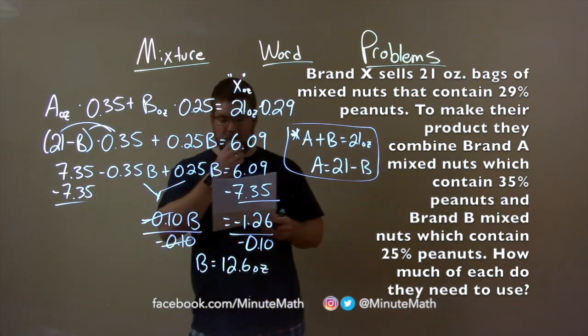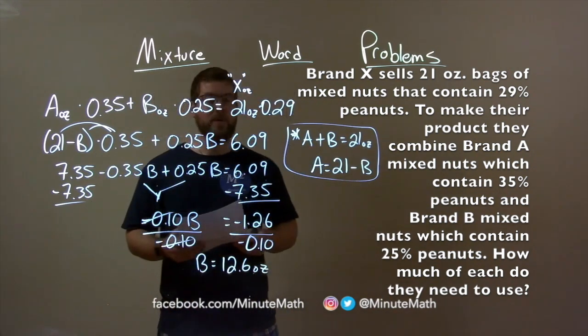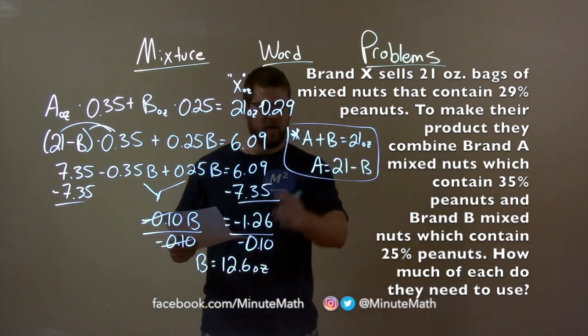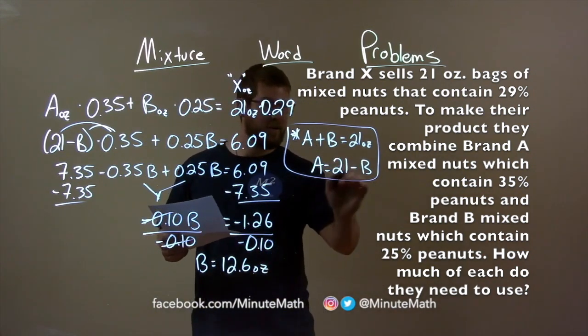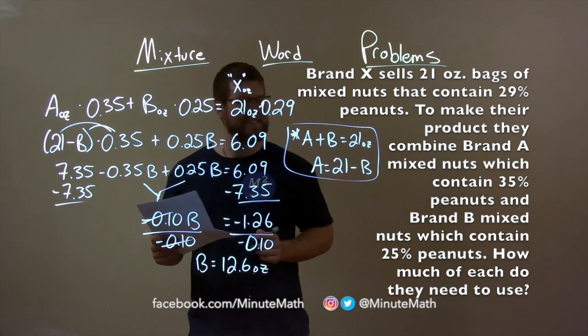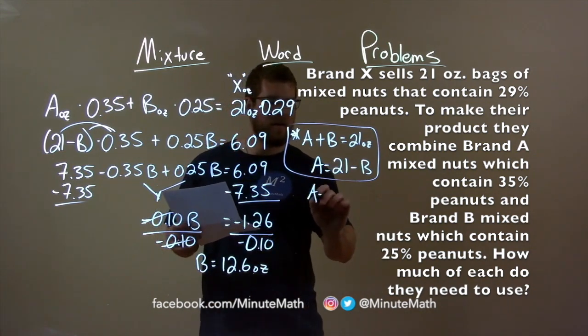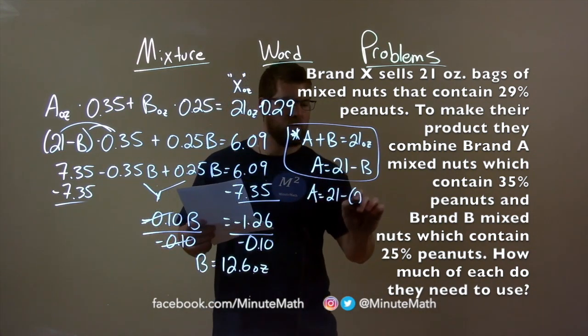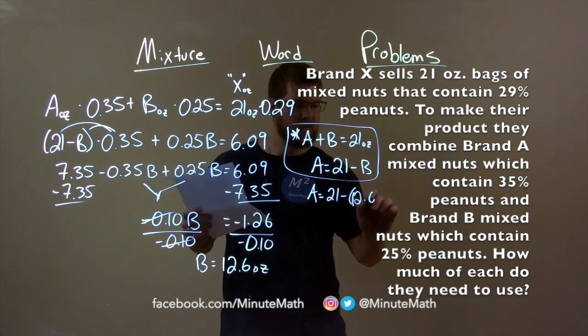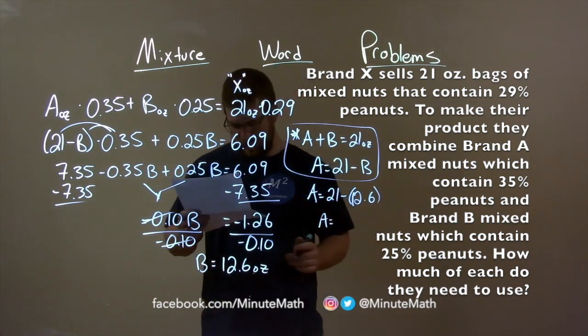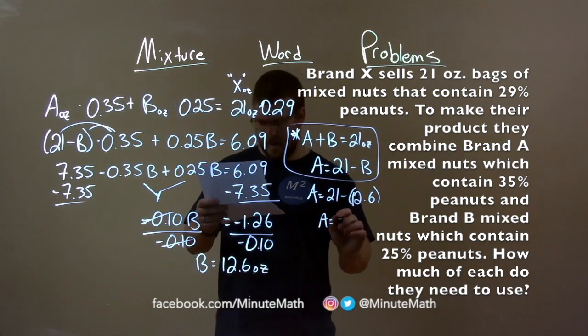So we got bag B has 12.6 ounces, but we need to find bag A. Come here to our other equation we found and plug 12.6 in for B. So A equals 21 minus 12.6, and we get A is 8.4 ounces.